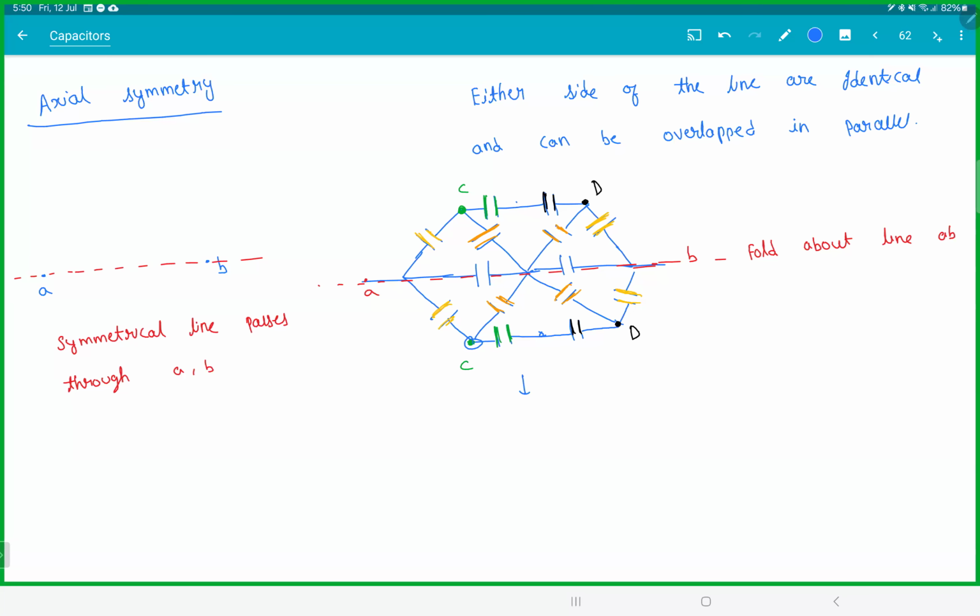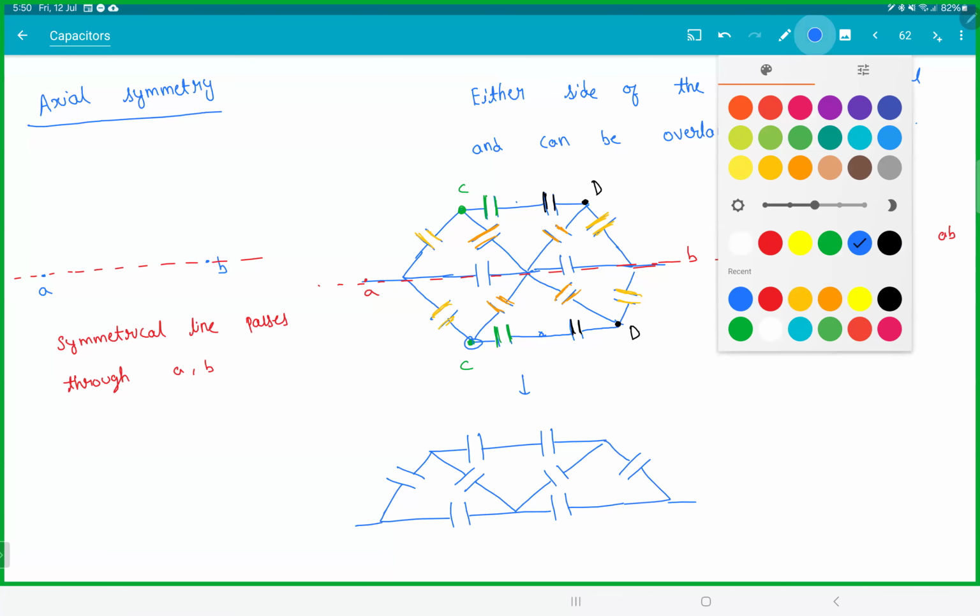So when you fold the circuit, this is what it looks like. This is what would happen.